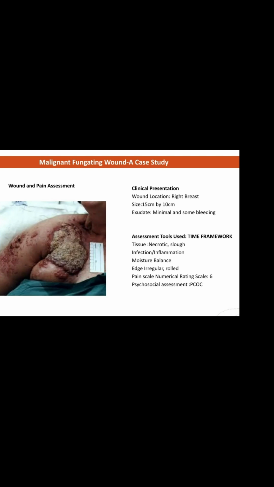What is PCOC in psychosocial assessment? What is the meaning of PCOC? It is mandatory to know in palliative care.